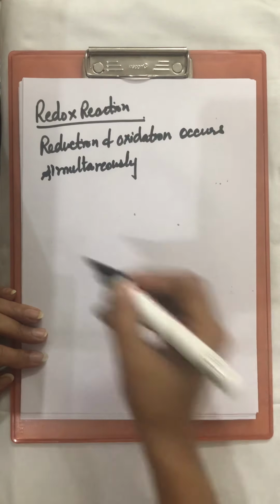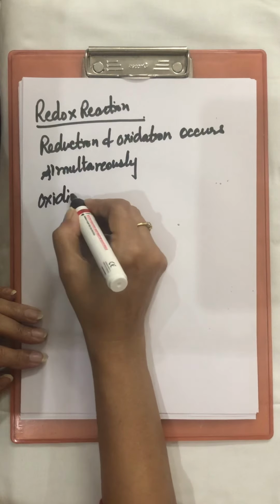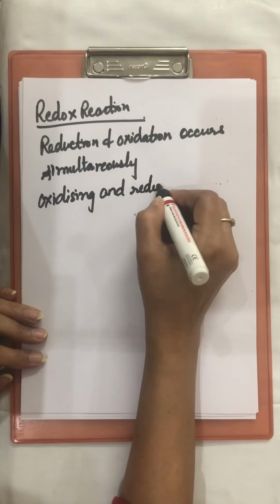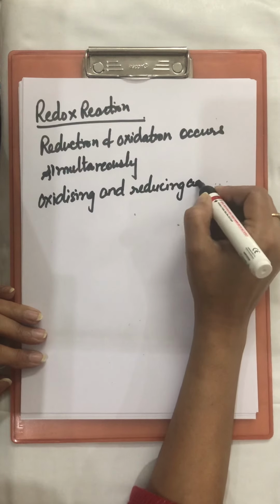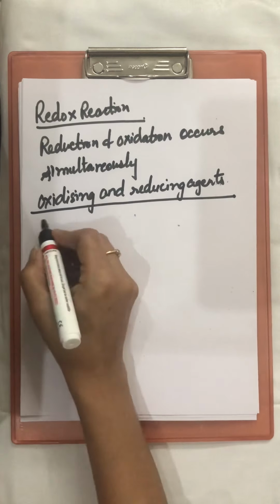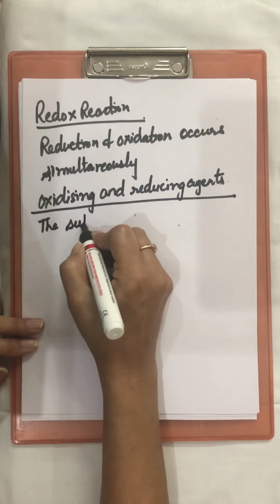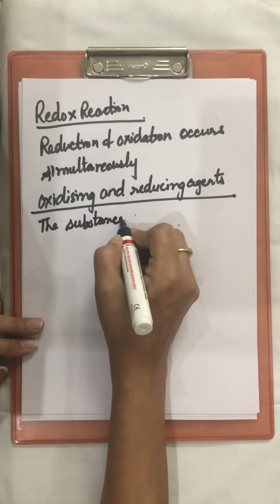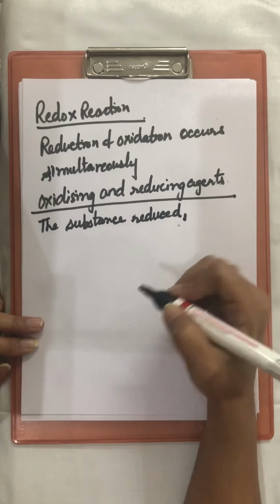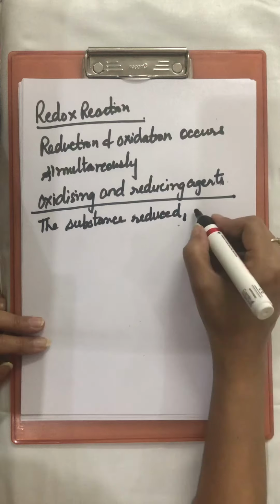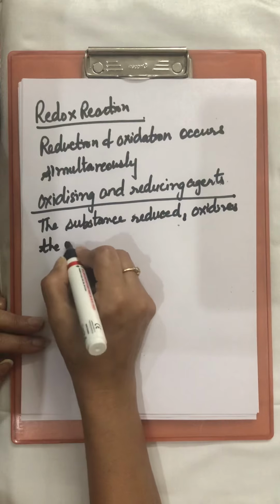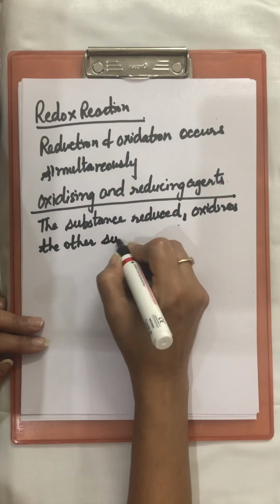Next term is oxidizing and reducing agents. What are oxidizing agents and what are reducing agents? The substance reduced, the substance that has undergone a reduction reaction, is itself an oxidizing agent because that substance will oxidize the other substances.